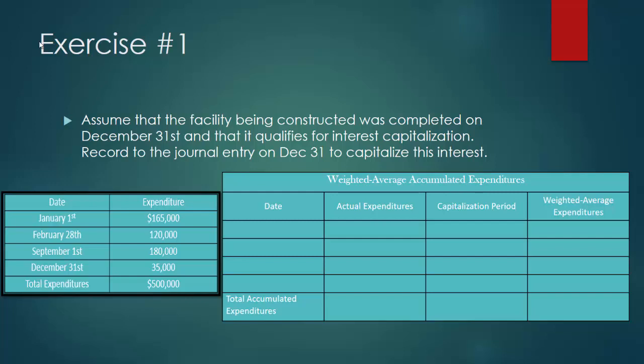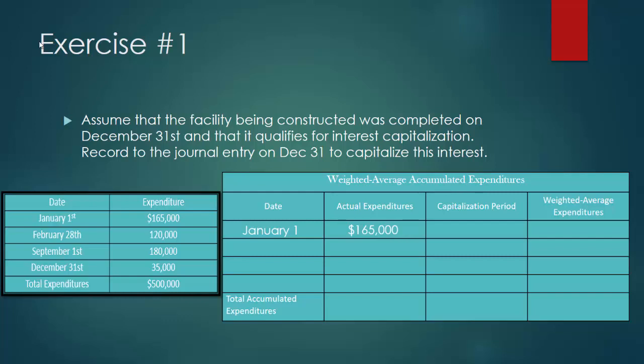The first expenditure happened on January 1st, and it was for $165,000. Well, we need to take into consideration the capitalization period. That is the time frame for which we can accrue this interest and capitalize it to the asset that we are constructing. And it goes from the time this expenditure was actually made until we finished construction.